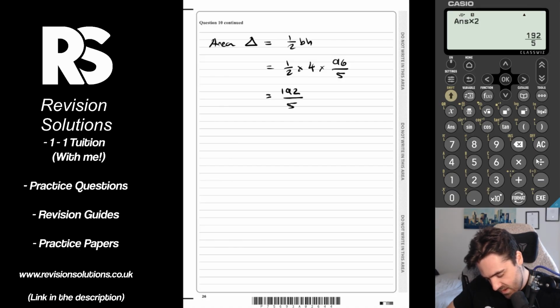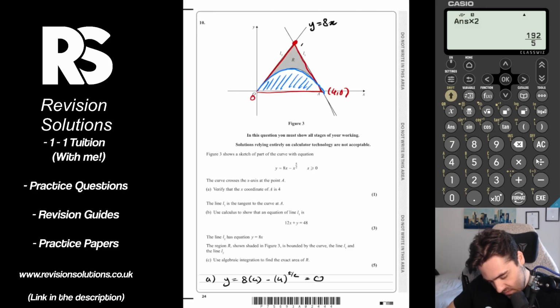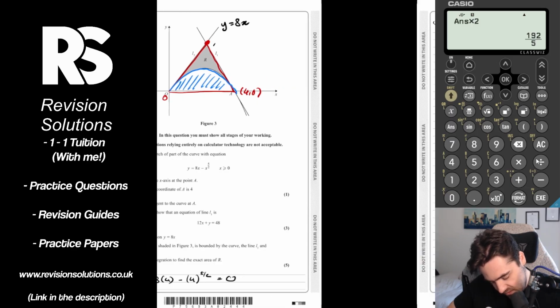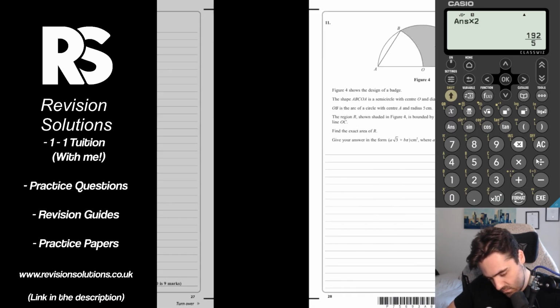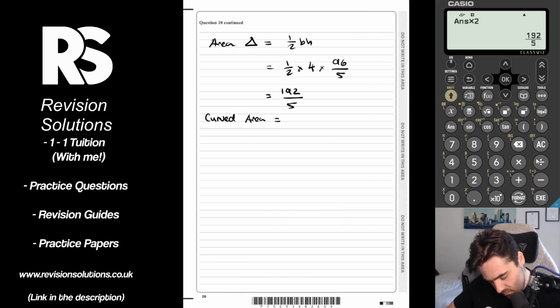Then for the curved area, we're going to need to do the integral. So that's the integral of our function 8x minus x to the 5 over 2. And we're going to integrate between 0 and 4, wasn't it? Yeah.